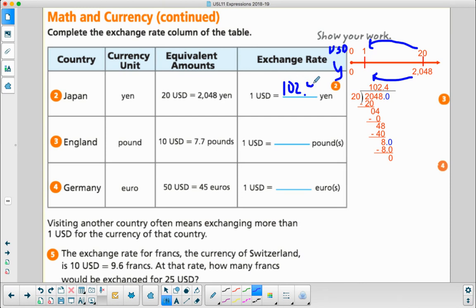Now, the great thing about doing this remotely and with video is you can pause the video, and if you don't think you did number 3 and 4 correctly, you can do them now. I know mine's correct because it's reasonable. 2,048 is about 100 times as much as 20, and 104 is about 100 times more than 1.